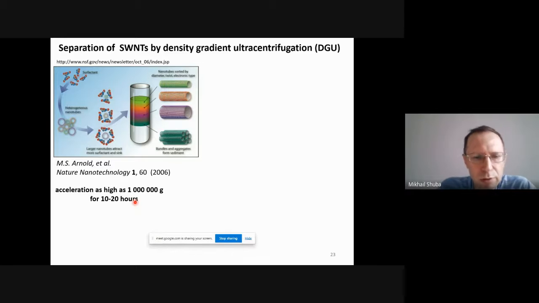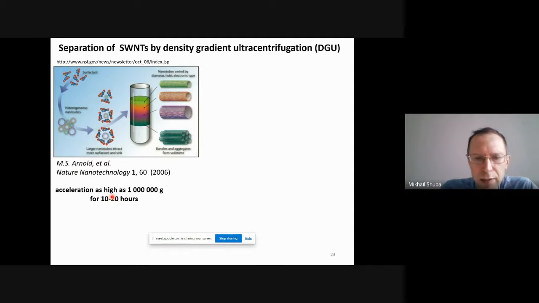One of the most reliable separation methods is density gradient ultracentrifugation. Tubes are covered with a specific surfactant, then strong ultracentrifugation at acceleration as high as 1 million G for 10 or 20 hours is applied.